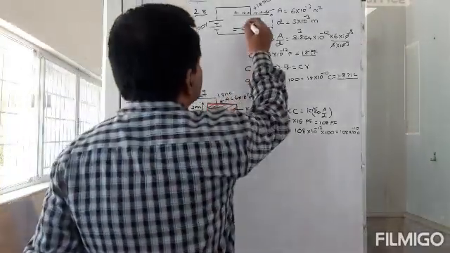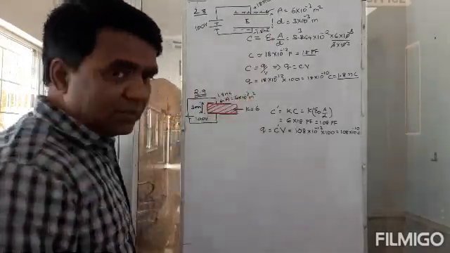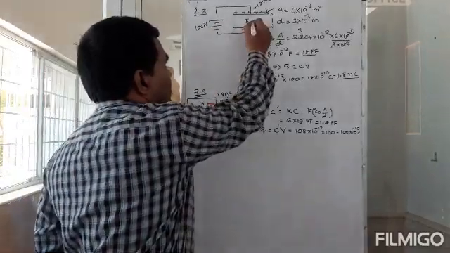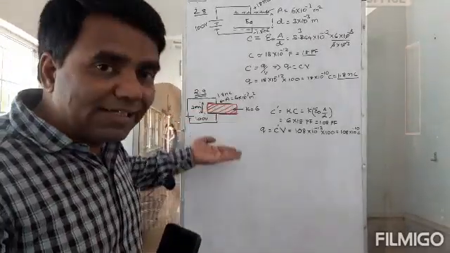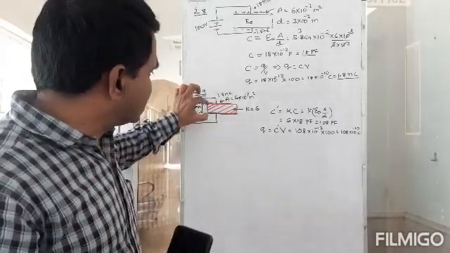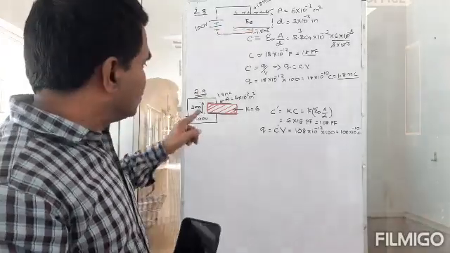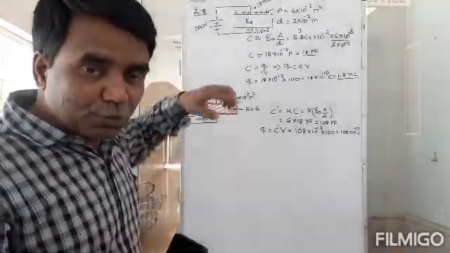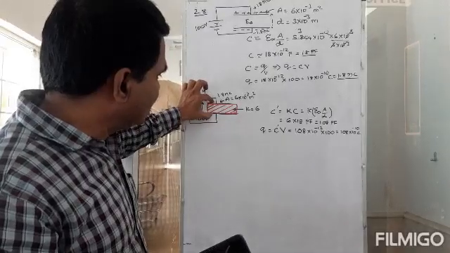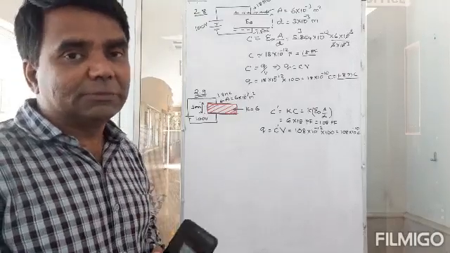Okay, so suppose this was E naught, and now the moment we insert this material, the original E naught would become E naught by K. That's the new E. Now this E into this distance will not be equal to 100 volts because you reduced it by 6 times. So you need to put more charge to produce a field which will eventually give me the voltage across this being equal to this. That's the other way of looking at it.